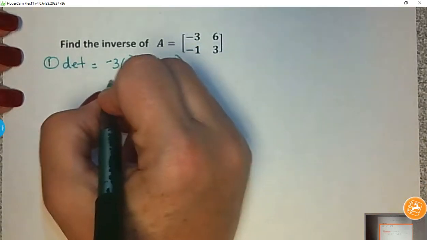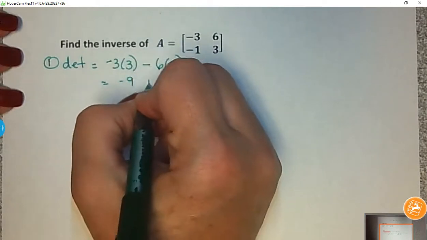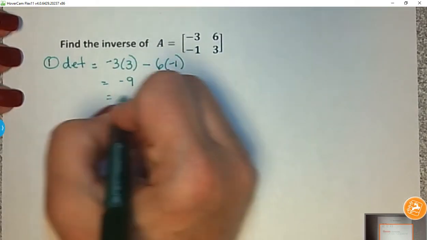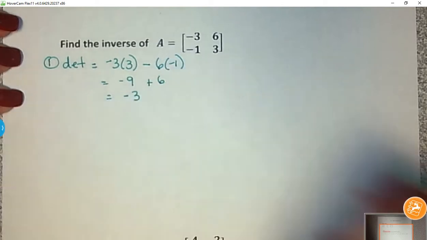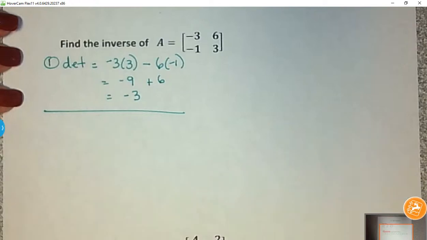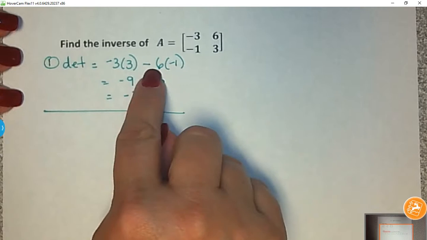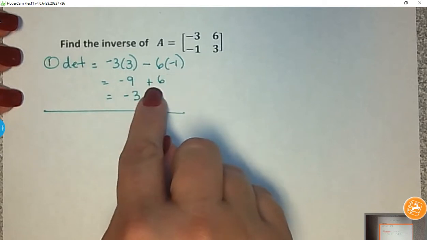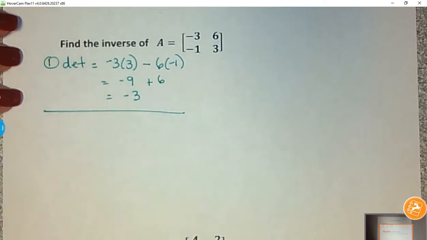So that's going to give me -9 plus 6. My determinant is -3. Well, -6 times -1 gives me a +6. Yeah, be careful with your signs.